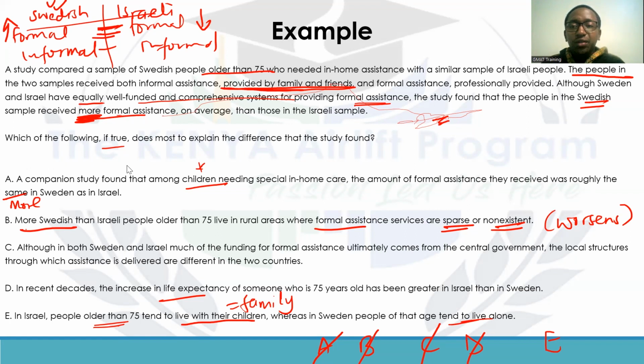So if there is family around, this may explain why in Israel there is more informal assistance, whereas in Sweden, if someone lives alone, the most probable care is formal assistance. So this actually explains the paradox, and therefore is our answer.